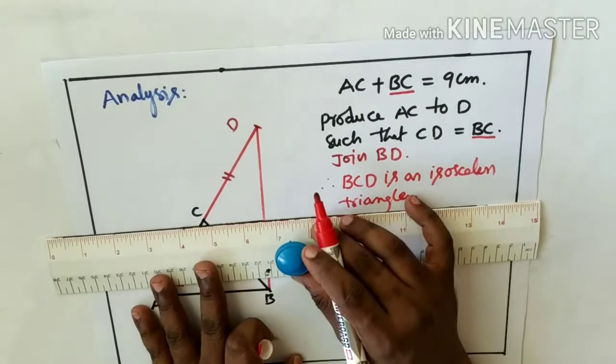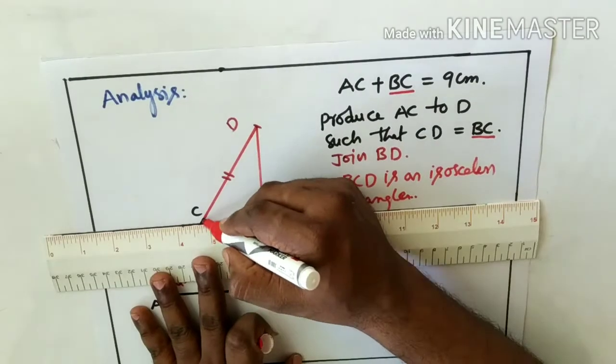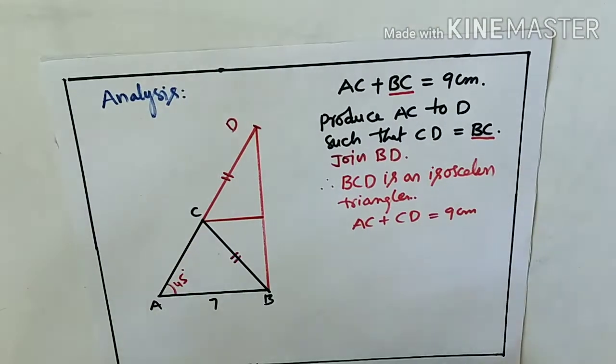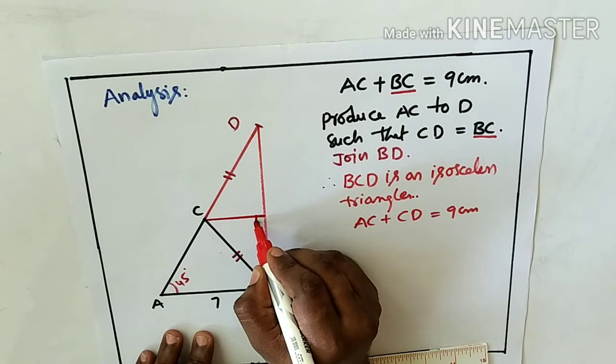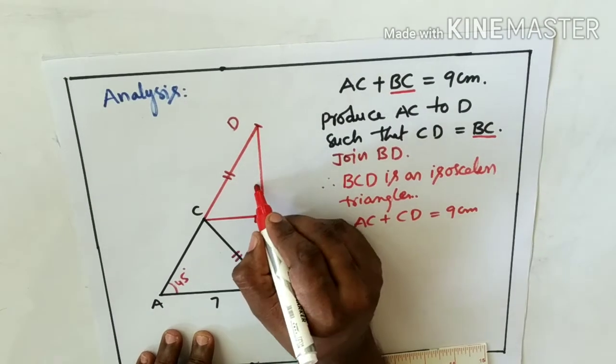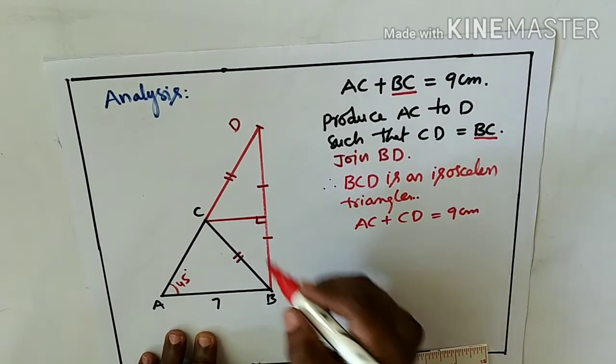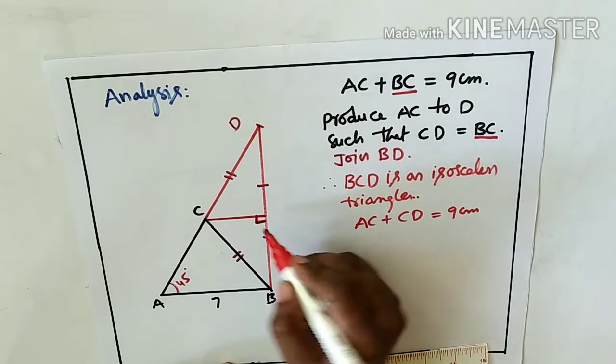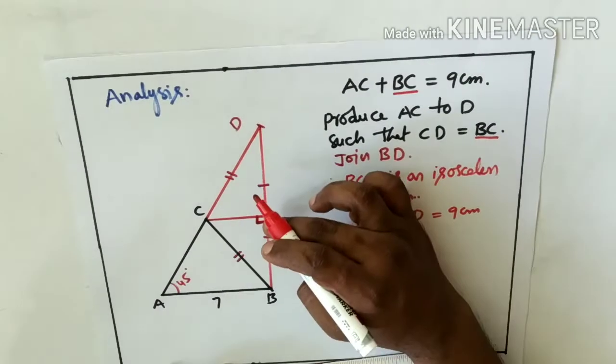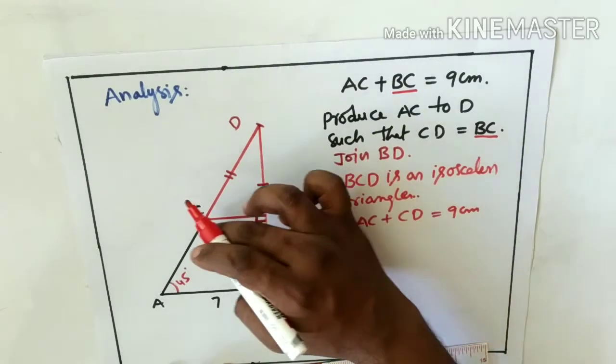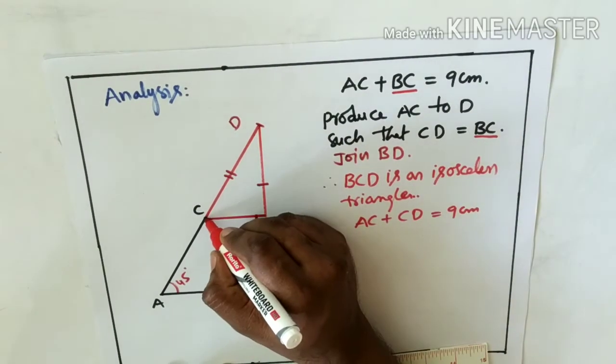This perpendicular bisector makes this side into two equal parts, and at 90 degrees it is perpendicular to this side. This perpendicular bisector passes through the vertex C.